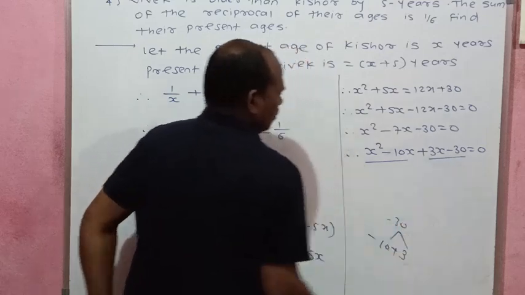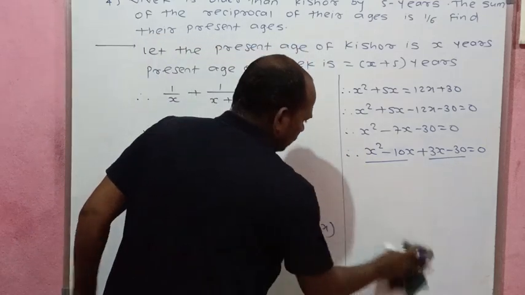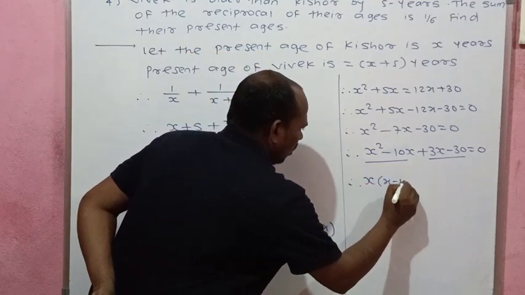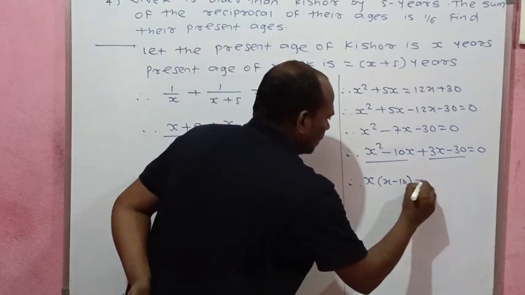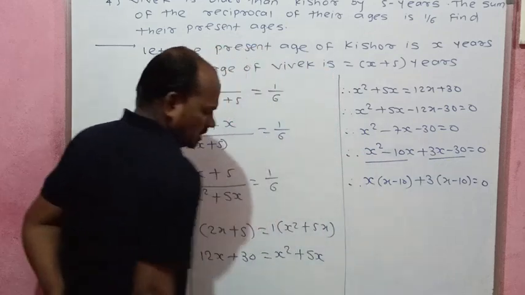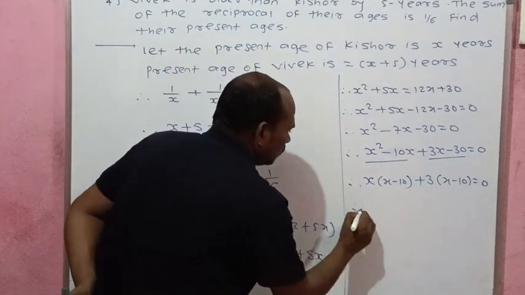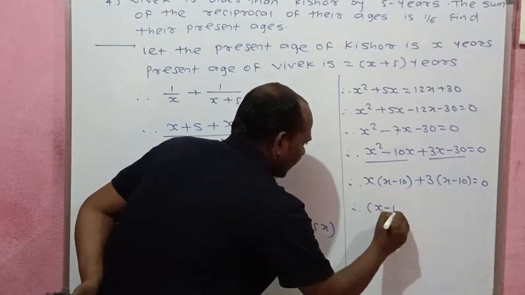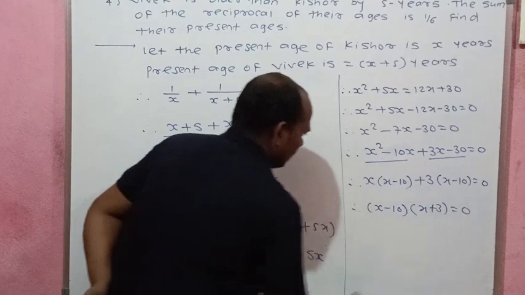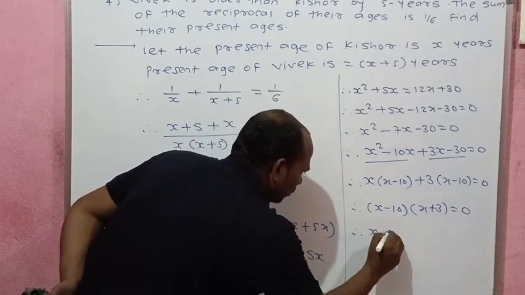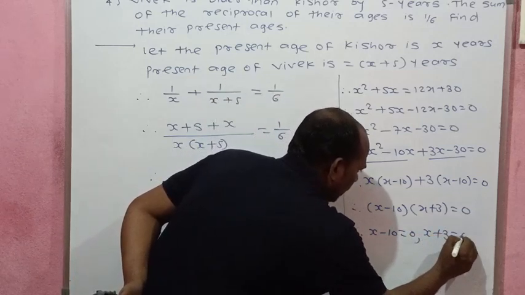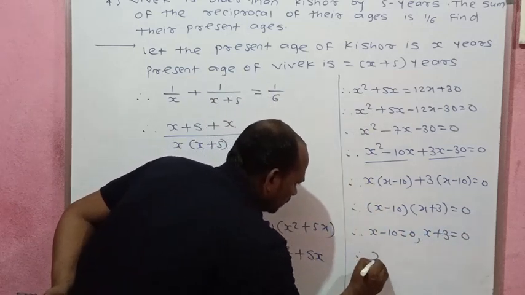Here x is common: x bracket x minus 10. Here 3 is common: 3 bracket x minus 10, since 3 10s are 30. Now collect one bracket x minus 10 and x plus 3 as another bracket. Therefore x minus 10 equal to 0, x plus 3 equal to 0.